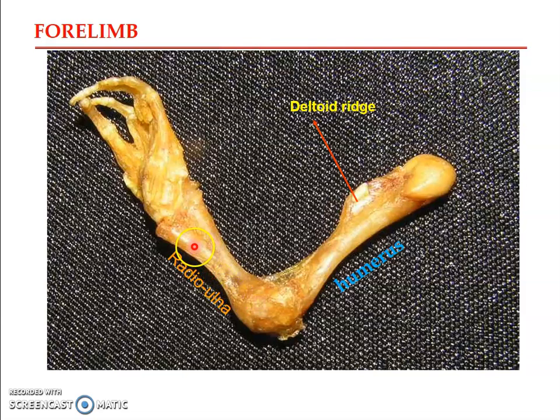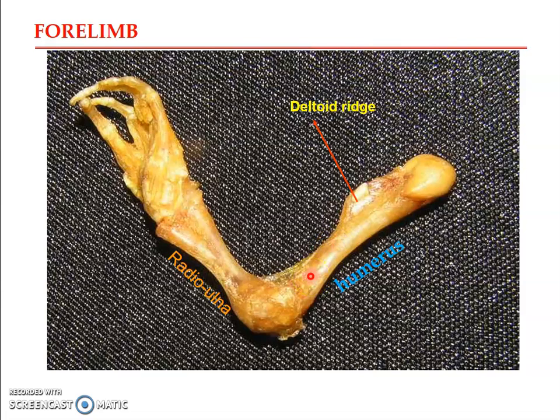Okay, now regarding the radio-ulna, it is a compound bone of the forearm of the forelimb, formed by the fusion of two bones, the radius and the ulna. Okay, it is fused to form a compound bone. Its proximal end has a concavity, as we have already seen. Here it has a concavity to receive the trochlea of the humerus bone.